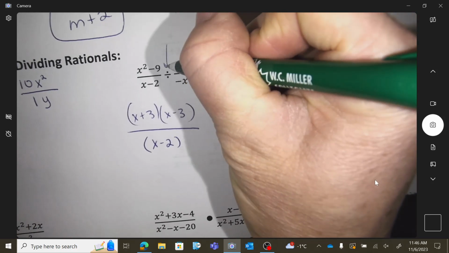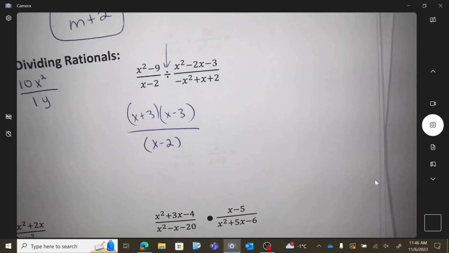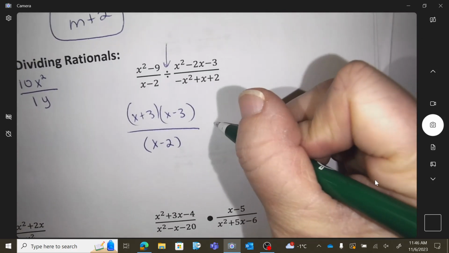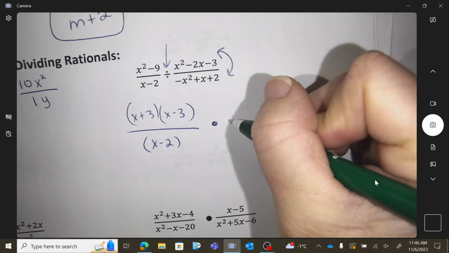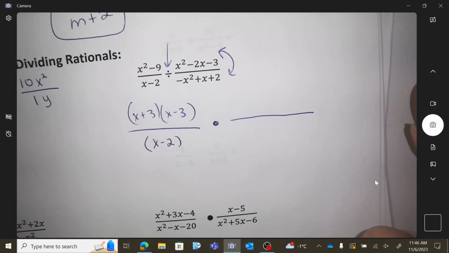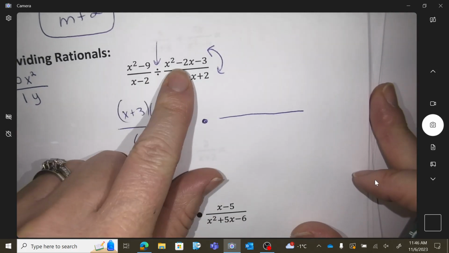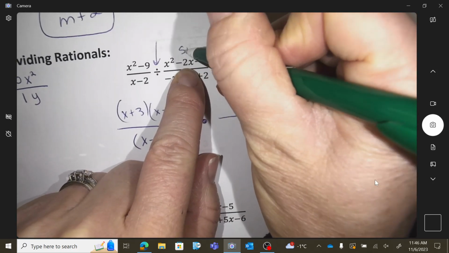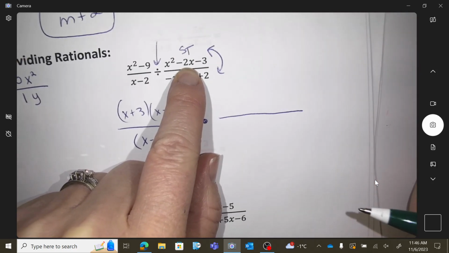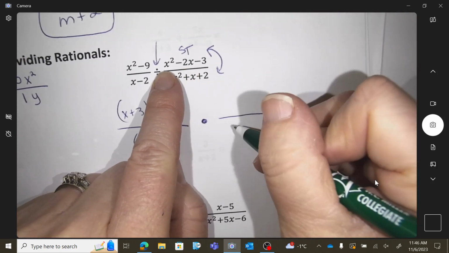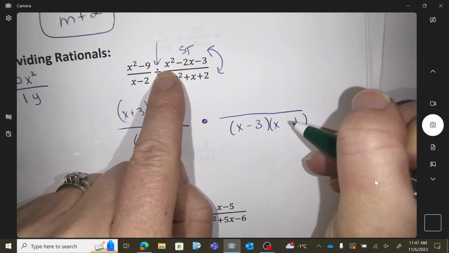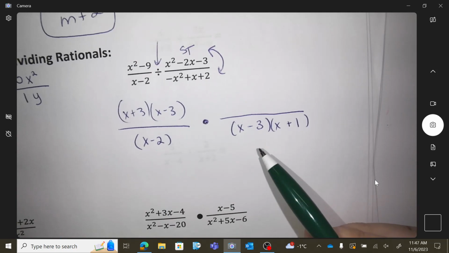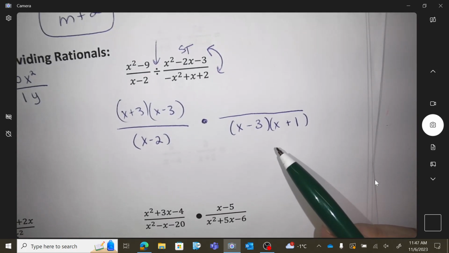Okay, what should we do about this divide fraction business? Times and flip. Okay, so this one, I'm going to do it on the bottom now. What multiplies to 3 and adds to negative 2?